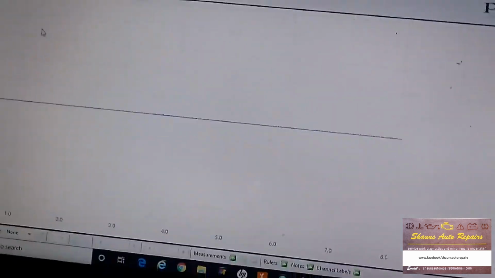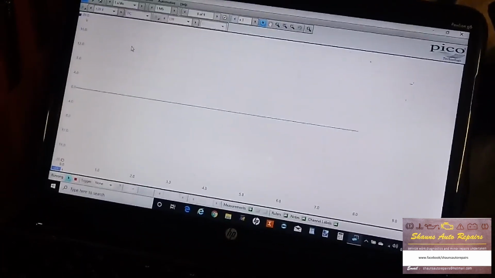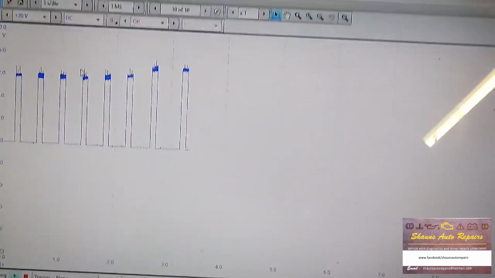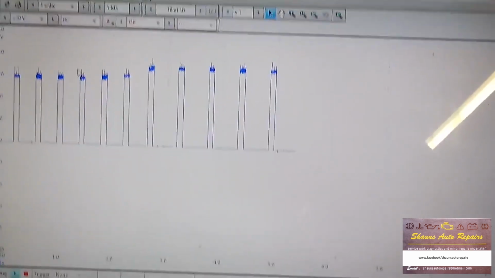That's the wire that goes around to the back there. Pico's already running, so we'll open the door and we'll start the car. That's a pulse modulated 12 volts.